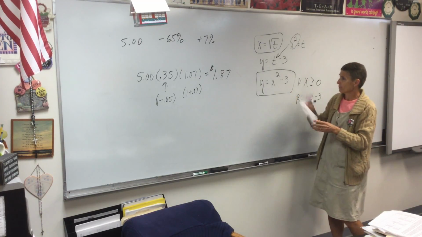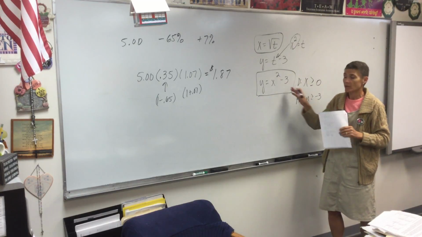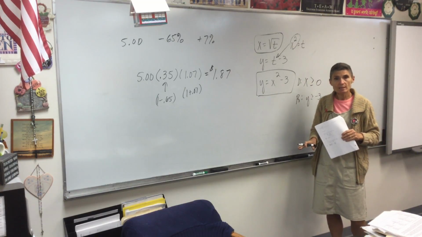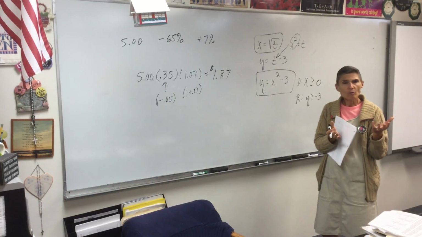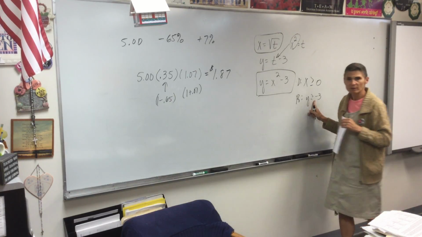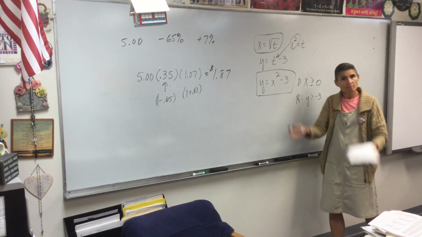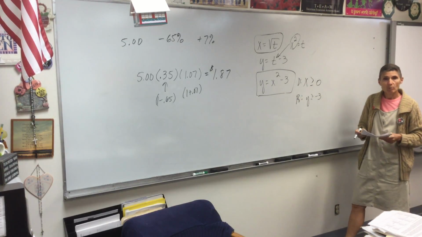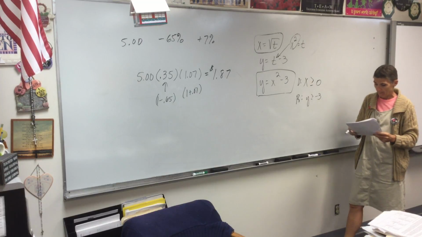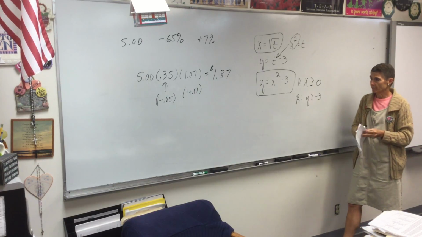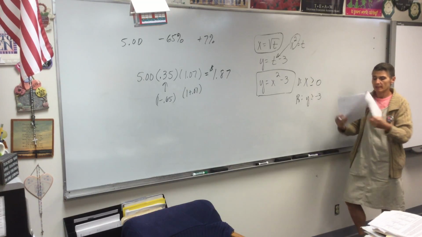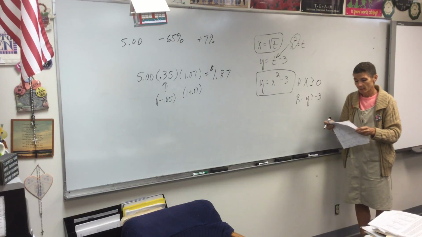There's your squaring function. What have you done to it? Dropped it down 3. Doesn't it make sense that all of the y values would have to be bigger than or equal to -3, since you've got a parabola opening up from that point? It's tricky stuff, but think about it. Just think about it and you can figure it out.